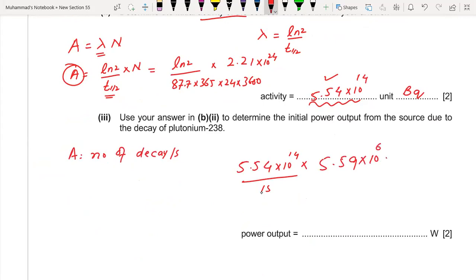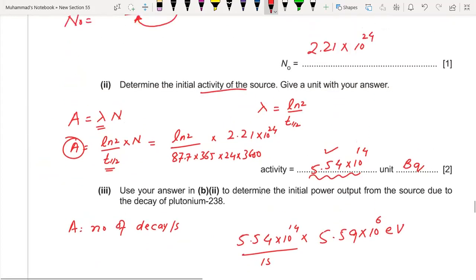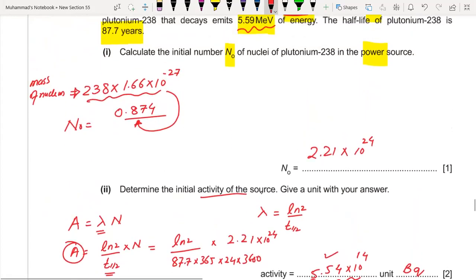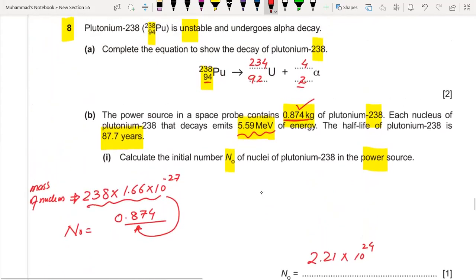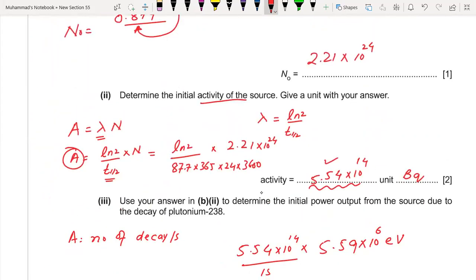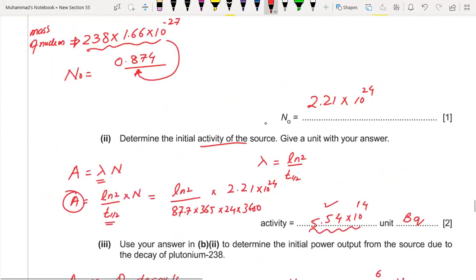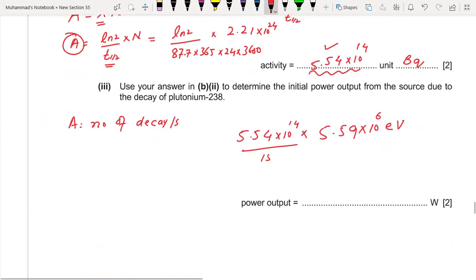Mega means 10 power 6 electron volt, and you can easily convert electron volt to joule by using the scaling factor 1.6 times 10 to the power minus 19. So put in this 1.6 times 10 power minus 19. So you will get the power output at the start will be 496 watt.